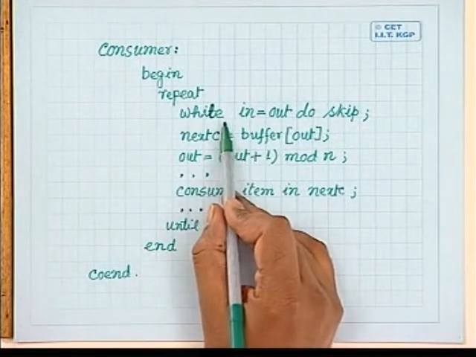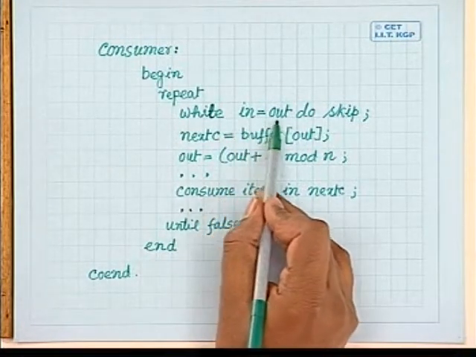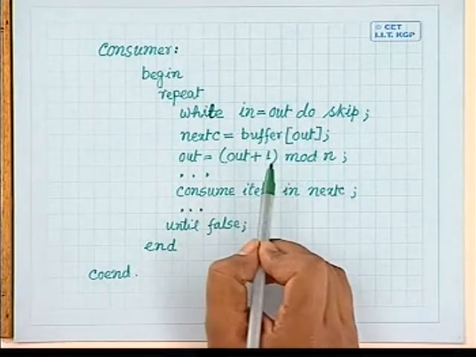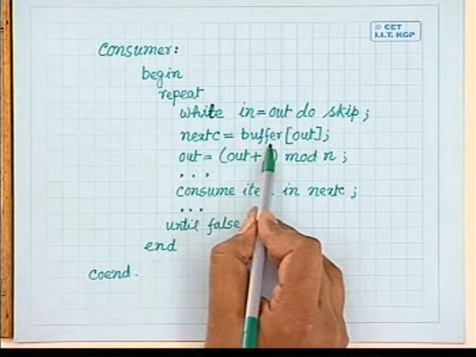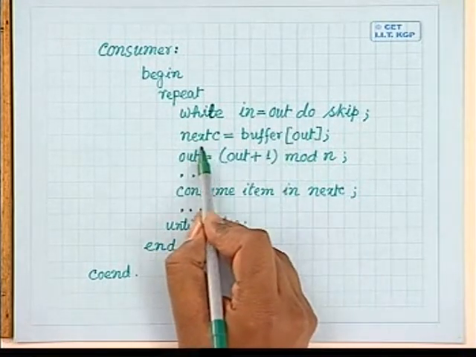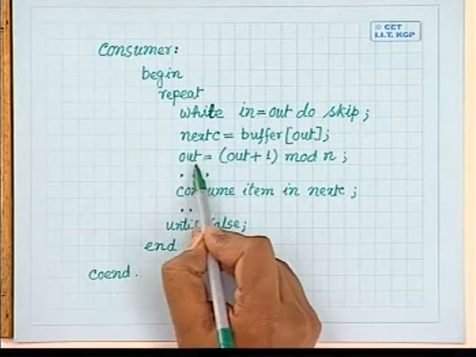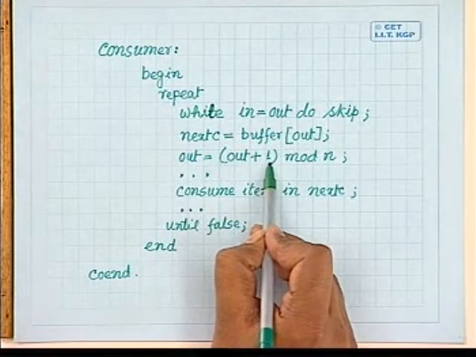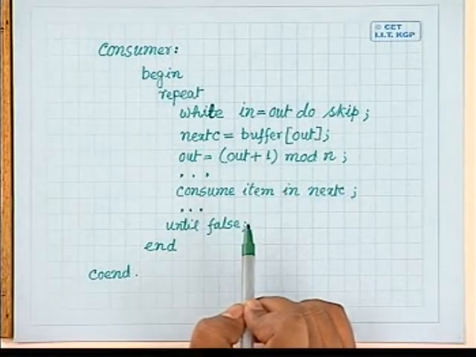When in is not equal to out, that means there is some item in the buffer which the consumer can consume. So it takes that item from the buffer following the out pointer into variable next c, and it modifies this pointer out. So that is where the while loop in the producer process will be broken.